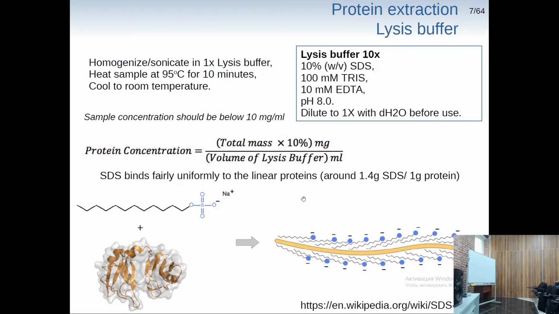So to work with our proteins, we will have to use a so-called lysis buffer, which contains some SDS, some buffer, some EDTA to chelate divalent ions, and we have to heat our sample with this lysis buffer to have our proteins covered with this SDS.